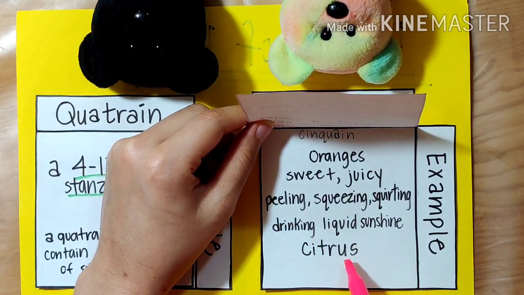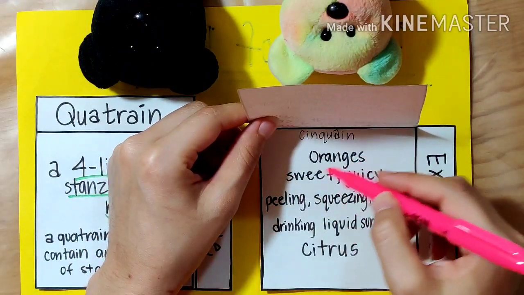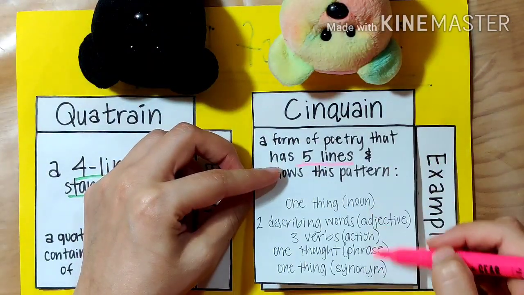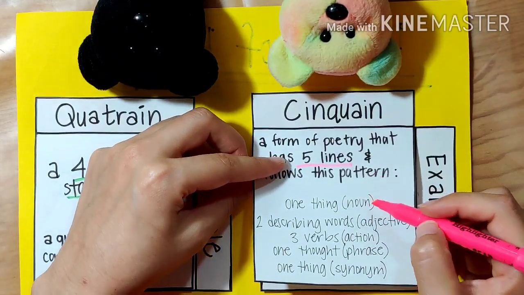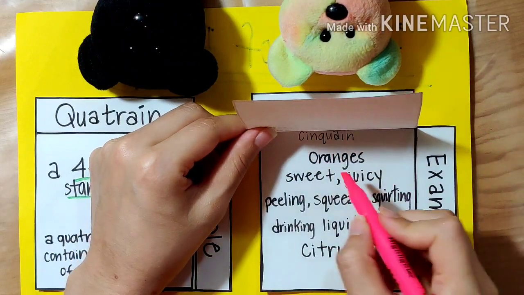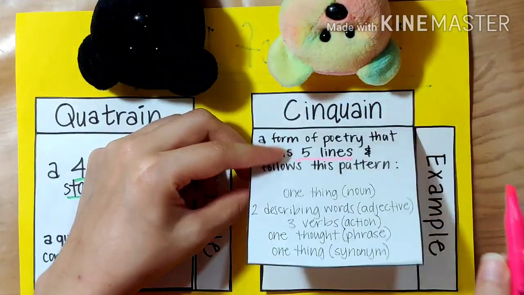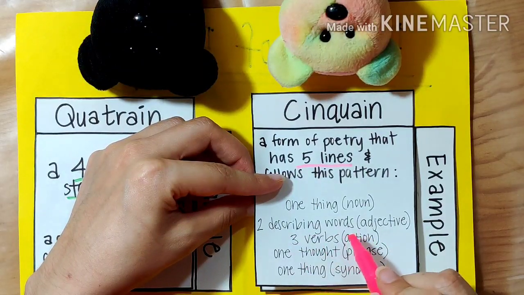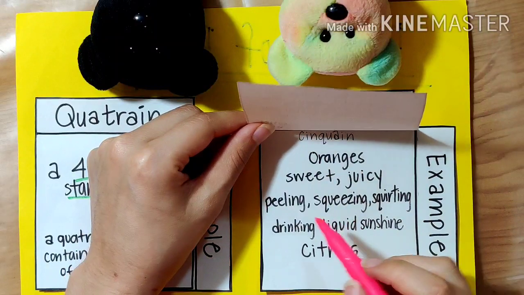Okay, so this poem that we just read here follows this pattern. The very first word that we have is a noun, which is oranges. Then we have sweet, juicy. Well, those are the 2 describing words. The next one is 3 action verbs.